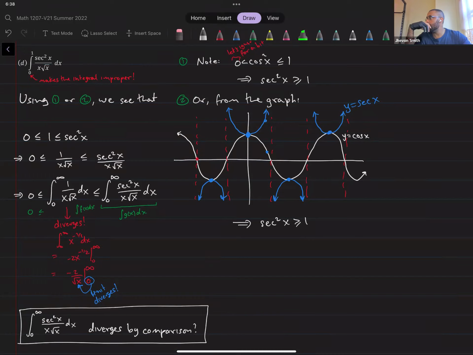And either way, in this case, you'd probably want to compare this to 1 over x rad x, but here I built up my inequality. It was actually the nicer way to do it. The limit comparison test would be a little problematic here because of the secant squared. The limit actually won't converge. So this is a scenario in which the limit comparison test has an issue.